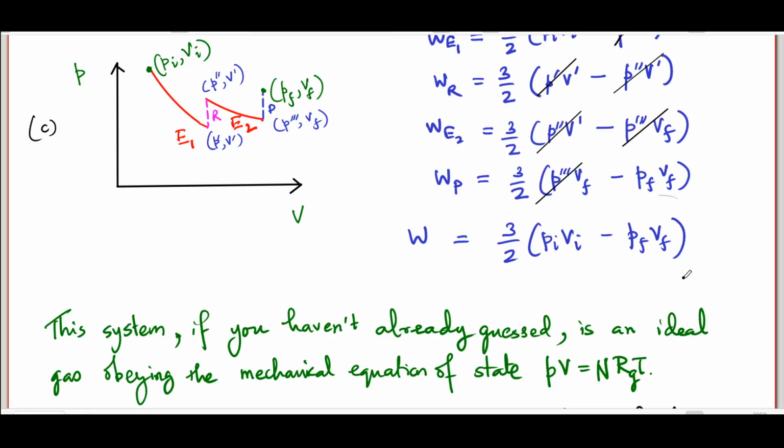This equation is called the mechanical equation of state because it relates the temperature to pressure and volume. We have already seen this before as basically the formula for empirical temperature using an ideal gas thermometer.